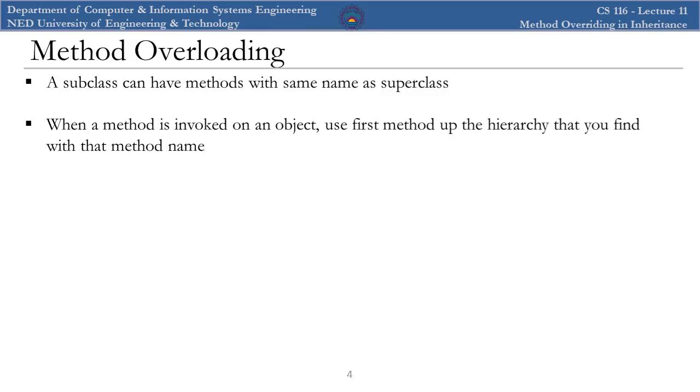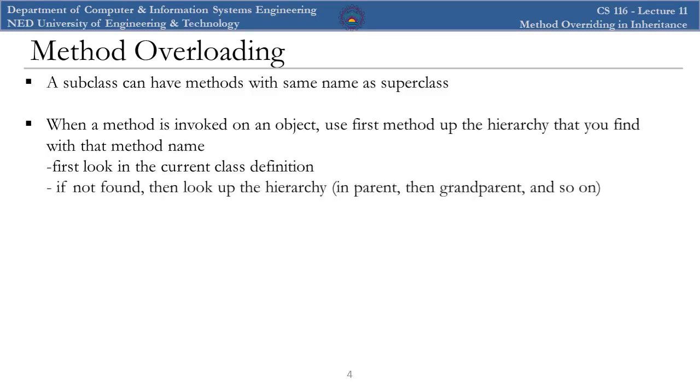That means that if the object belongs to the child class, then that method will be searched in the child class first. If it is there, then Python will execute it from the child class, and if it is not found there, then we go to the next class in the hierarchy. That means to the immediate parent, and if it's not there, then to the grandparent, and so on, right?